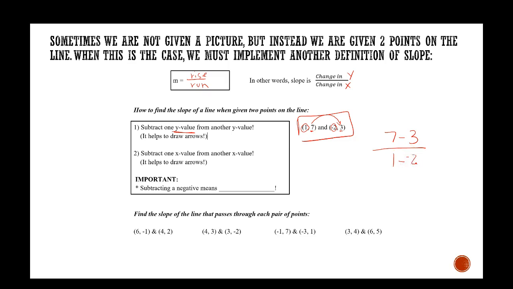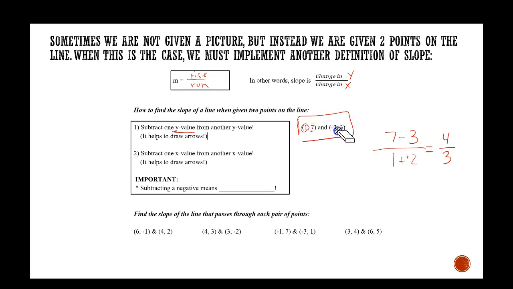Notice I have two negatives, or a negative and a subtraction, because the 2 is negative. So 7 minus 3 is 4. 1 minus a negative 2 is 1 plus 2, which is 3. So the slope between these 2 points is 4/3.